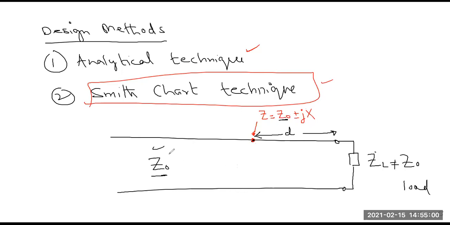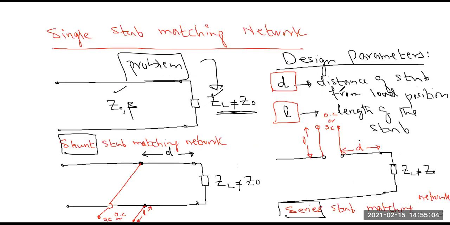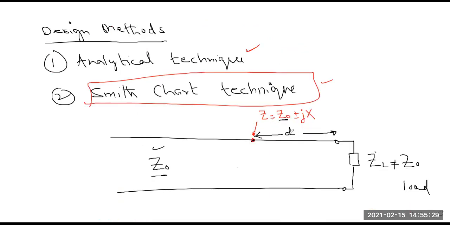So now I have explained the role of this parameter, or how you will find out where to connect the stub. So now you have a principle: the point at which you will connect your stub, whether it is a series stub or a shunt stub, it doesn't matter. For both of these circuits, the concept is the same. What is the concept? The position of the stub.